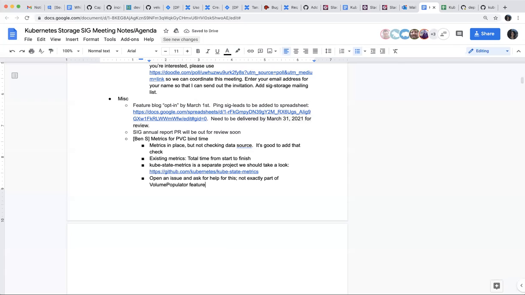I don't have a lot of metrics experience in general, but I know that people are taking a much harder look at it now with production readiness reviews. Metrics have become a much bigger deal for every feature. So I guess I can file a feature request issue that would go on the KK repo.